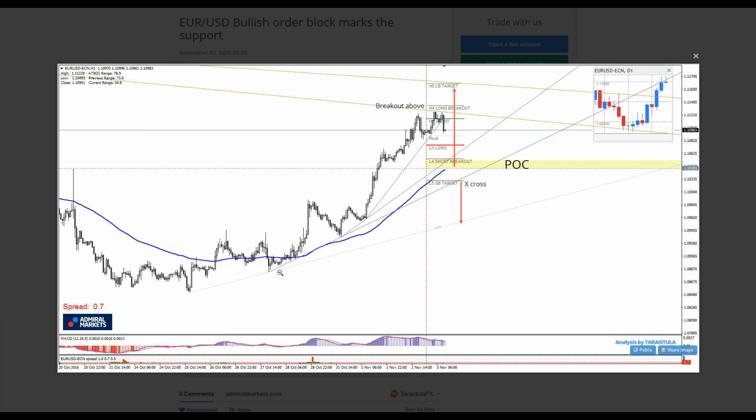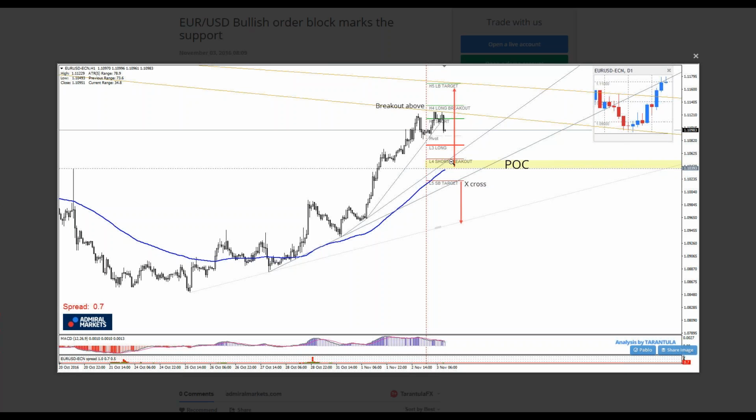You see, a trend line with 3 touches. According to Denmark, he likes a 3 touch trend line. I prefer also 2 touch trend line, but it doesn't matter. This was clearly the POC zone. Guys, this was a bullish order block here. You see the spin bar, this was a bearish candle, but the height of this bearish candle was actually a bullish order block.